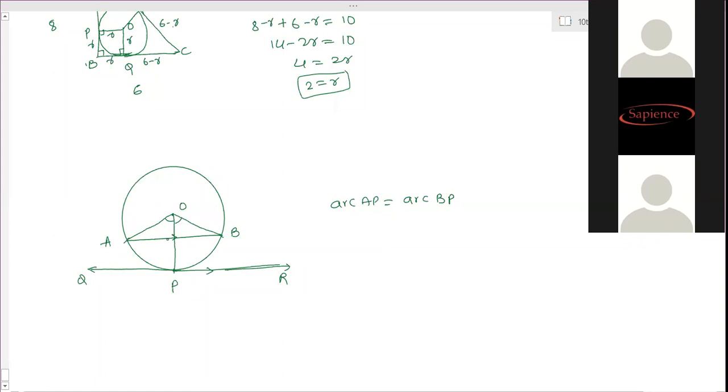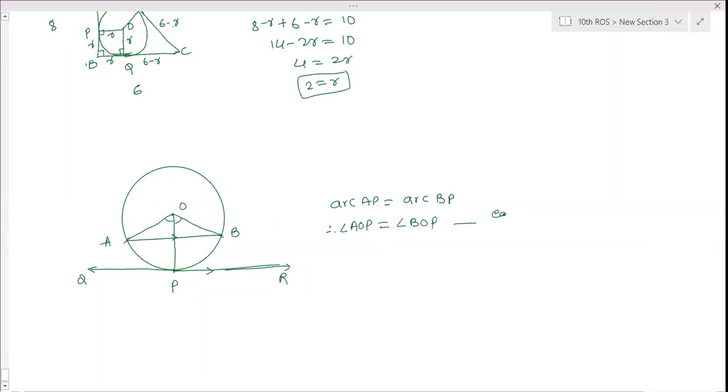So angle AOP is equal to angle BOP. Equal arcs subtend equal angle at the center. So angle AOP is equal to angle BOP.